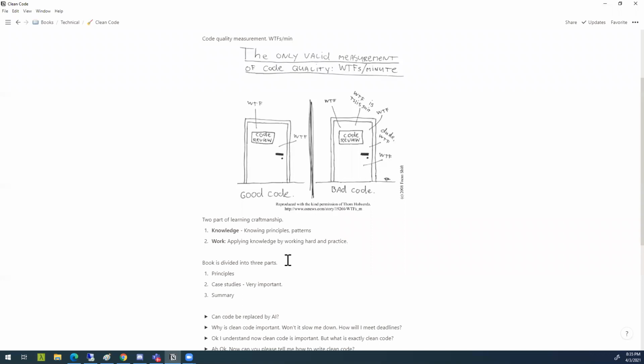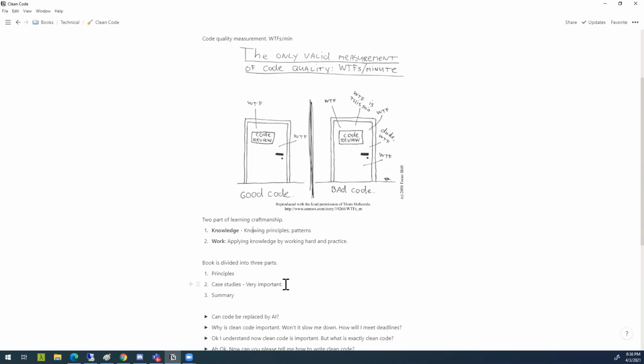That's why the author has divided the book into three parts. The first part discusses principles, which is the knowledge of the principles and patterns that we need to follow. As a part of work, that is something we would have to do, but the author has also given some case studies. Those case studies are practical examples of how these principles were applied and how they turned a bad piece of code into good code.